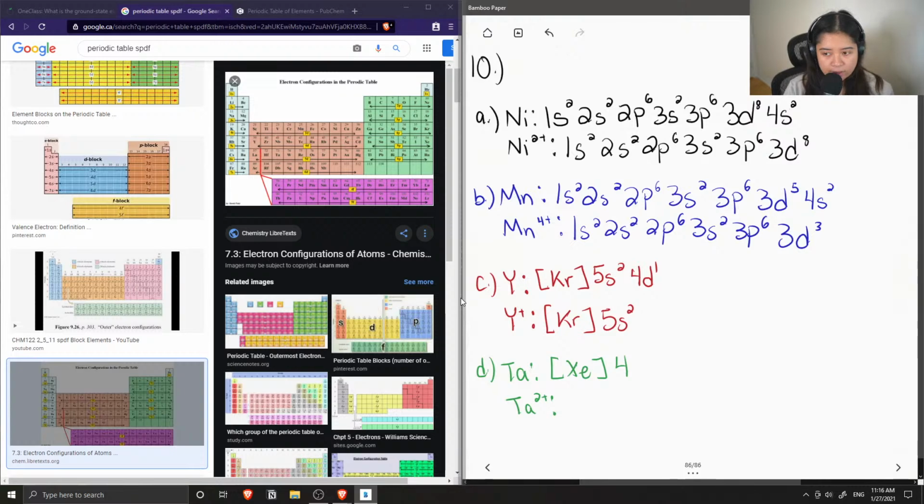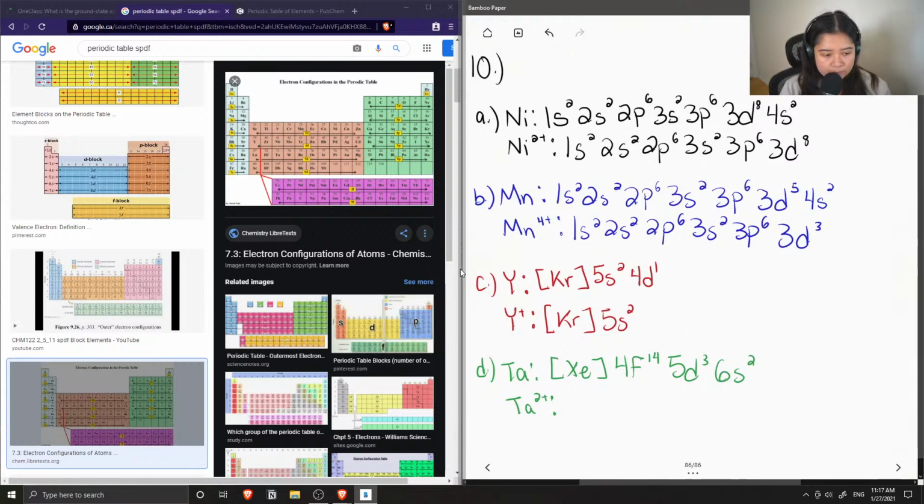And since it's at a lower energy level than our 5d and our 6s, then we would write it first. So it goes 4f14, and this tantalum is found here, so we need to write 5d3, and then finally 6s2.